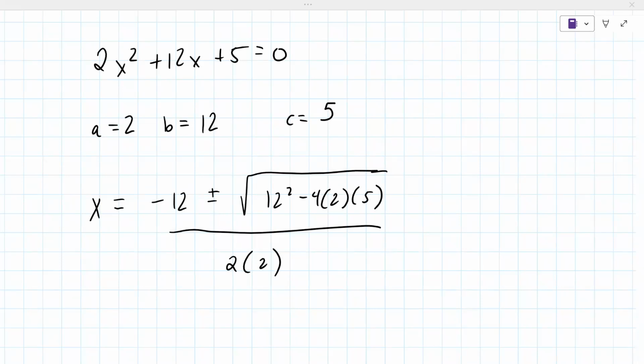Just the number under the root, whatever that is: 12 squared minus 4 times 2 times 5.